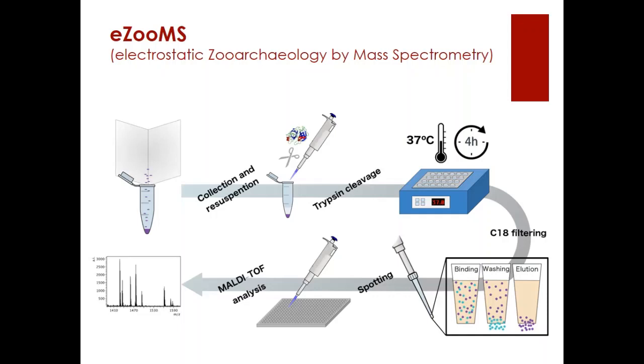However, in order to do our mass spectrometry analysis, we do need to cut our protein first. So I've said that the protein we target is collagen because it is the predominant protein in skin. Collagen is an incredibly long structural molecule, and we can't analyze it in its complete form. So we do have to cut it into smaller fragments. So we have to add a protein called trypsin to cut it into smaller fragments.